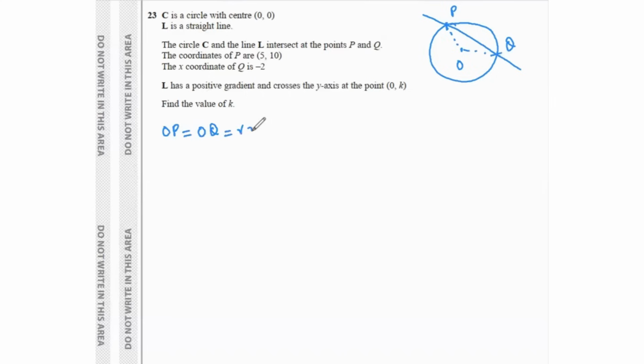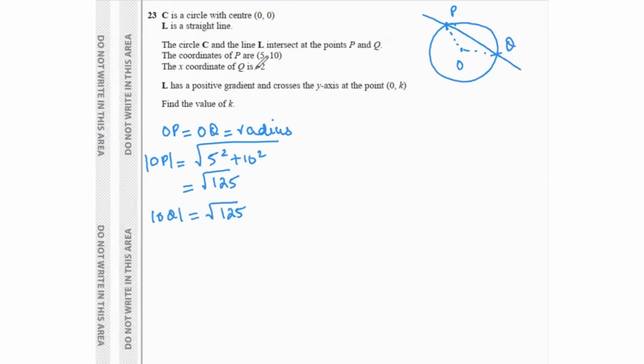The points are located on the circle, not inside or outside the circle. So the distance OP is the square root of 5 squared plus 10 squared, that's square root 125. OQ is also square root of 125.